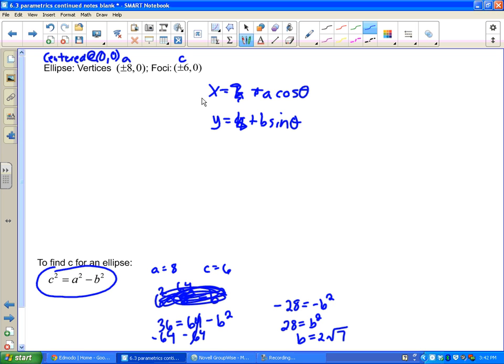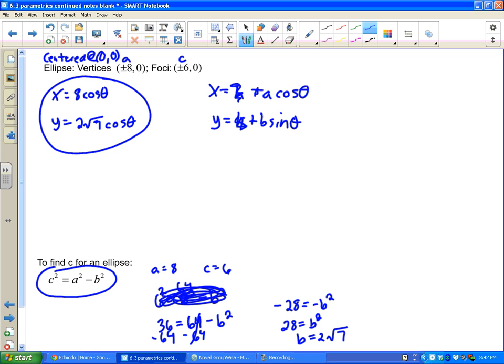Our a is 8, so this would be x equals 8 cosine theta. y equals, our b is 2 square roots of 7, so 2 square roots of 7 sine theta. Something like that. Okay, the one on the worksheet, it's a little nicer. It doesn't end up being square roots.